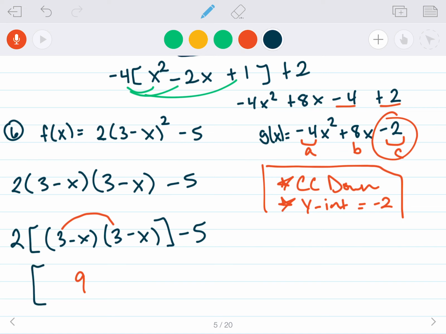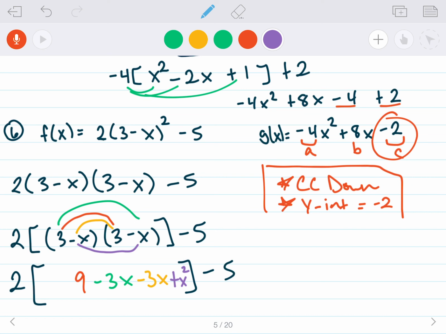Okay. Outer, let's keep the 2 in the front, negative 5 in the back. Outer is going to be 3 times negative x, which is negative 3x. Inner is going to be 3 times negative x, which again is negative 3x. And last is going to be negative x times negative x, which is positive x squared.